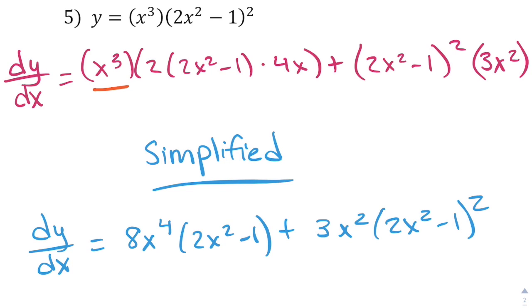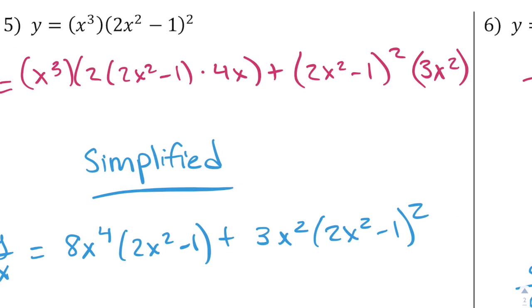So the derivative of this is you drop your 2 down, you bring it to the first power. Then we leave the inside exactly the same. And then we derive that inside. So the derivative of 2x squared minus 1 is 4x minus 0, or just 4x. All multiplications still.